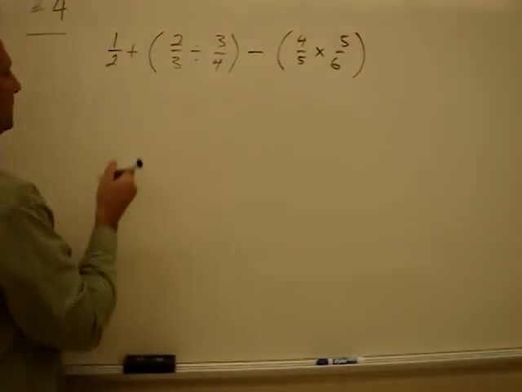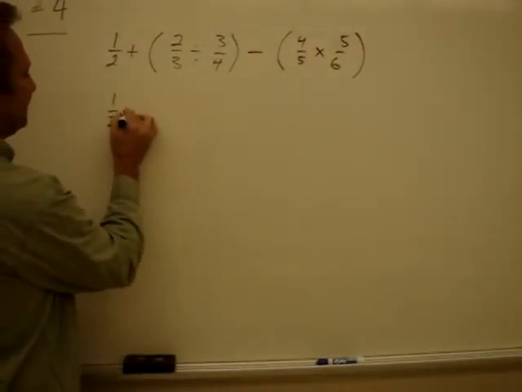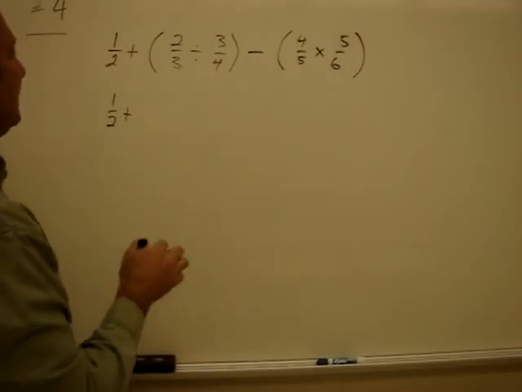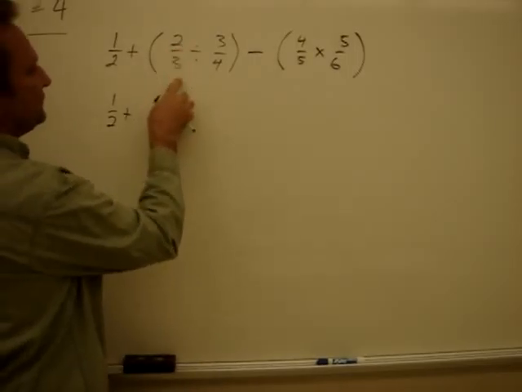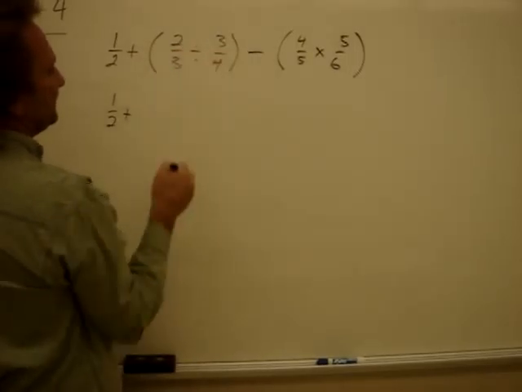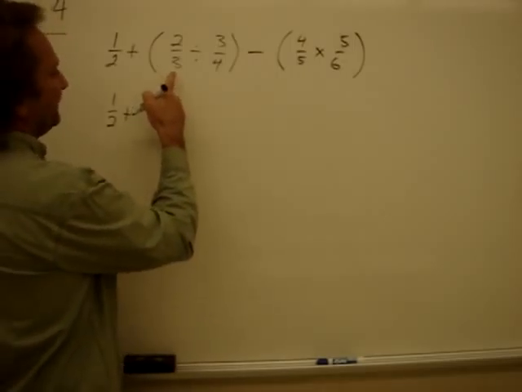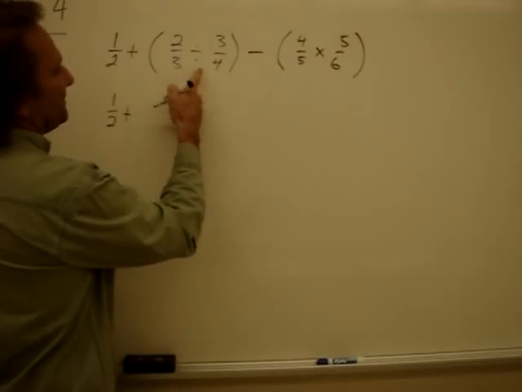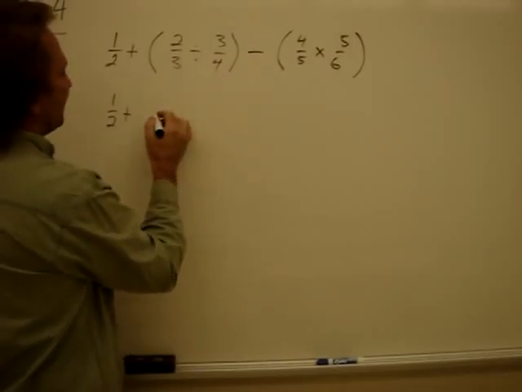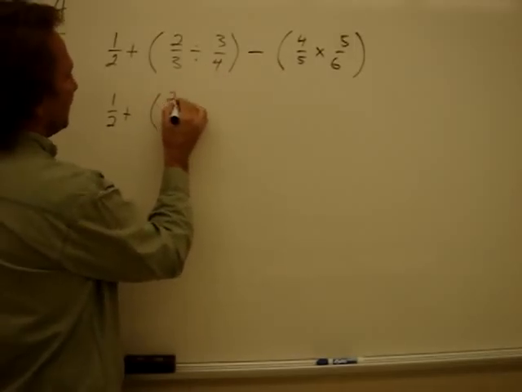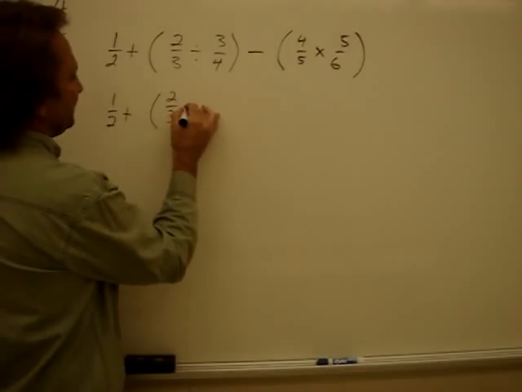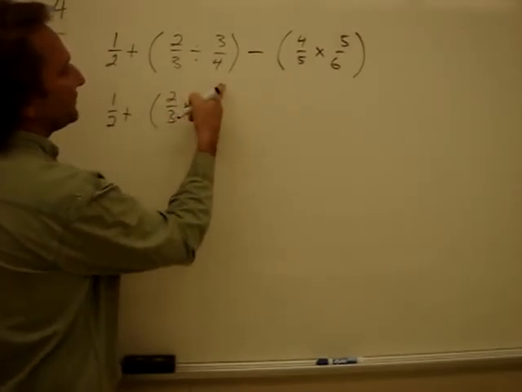So I'm just going to bring the 1/2 plus down. Then I'm going to consider the division of 2/3 by 3/4. Now the way to divide fractions is that we take the first one and we multiply it by the reciprocal of the second. So let me rewrite that as 2/3 and this time times the reciprocal.